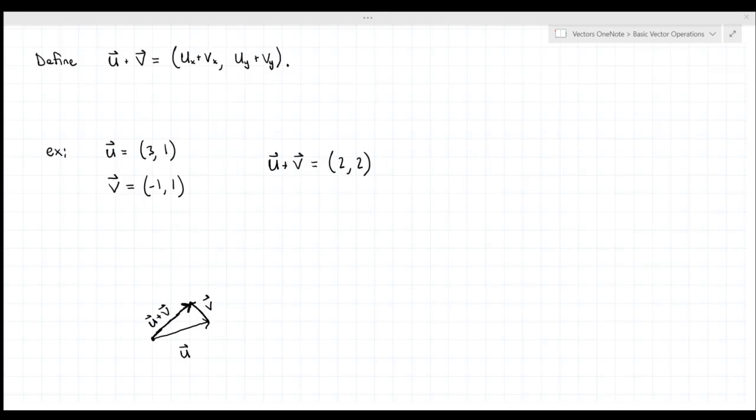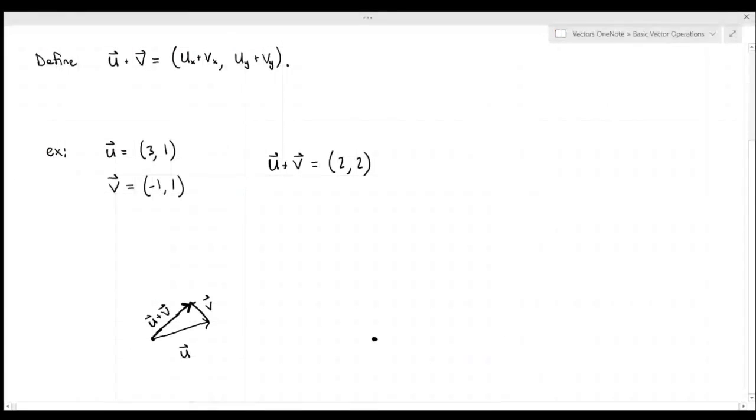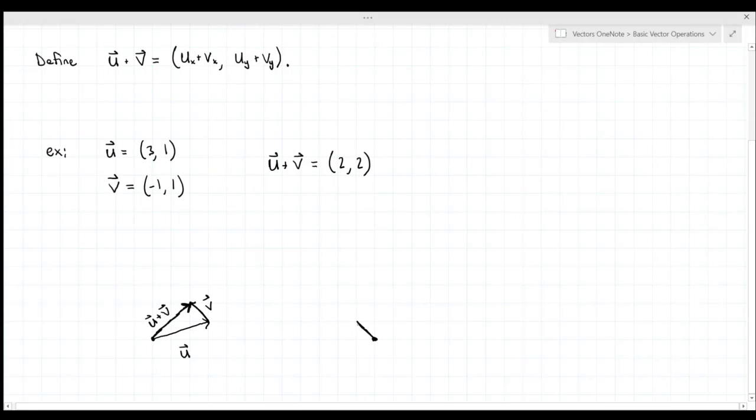That's a good question. Maybe we can test that in this example. If I were to draw v first, so let's do that over here, v is negative 1, 1, so it would look like this. And then after drawing v, let's draw u starting from where v left off.